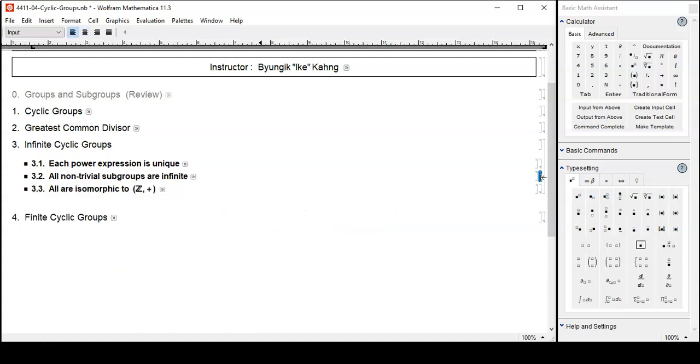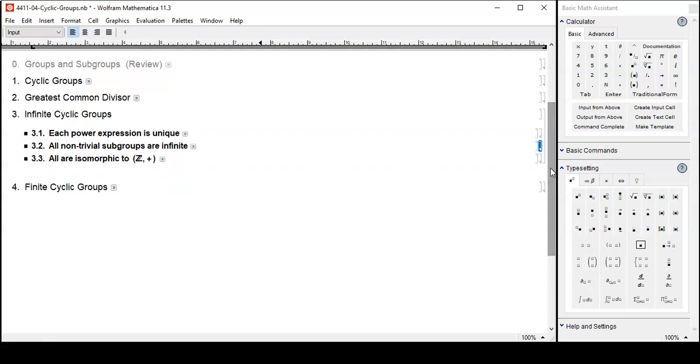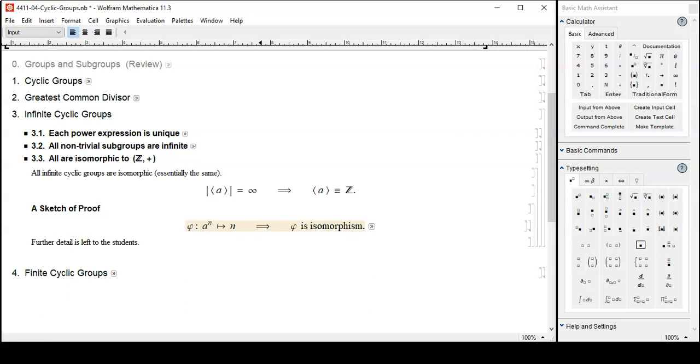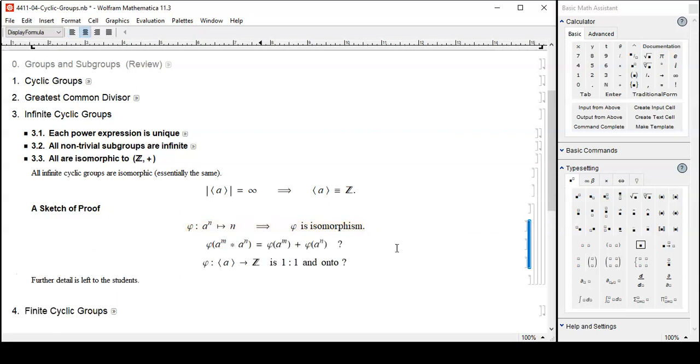So, what did you get? All power expressions are all distinct, and all non-trivial subgroups are infinite. And finally, they're all isomorphic to Z. In other words, essentially the same. How do you prove that? We just define a certain map from G to Z, like this, a to the n power going to n, and we can actually prove that this preserves the group operation, and phi is actually one-to-one and onto.